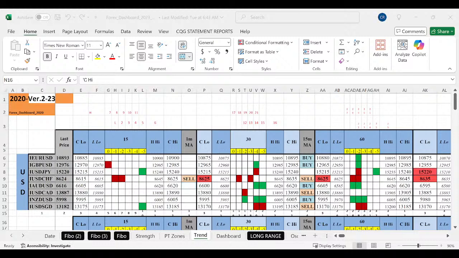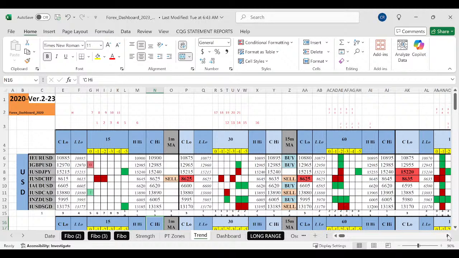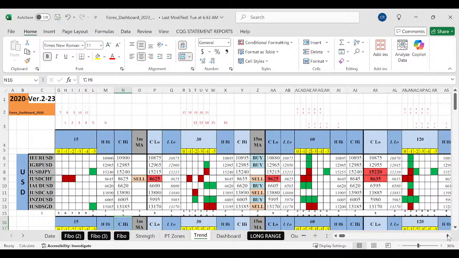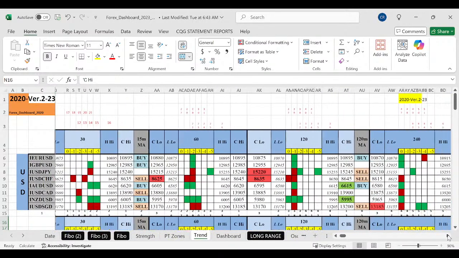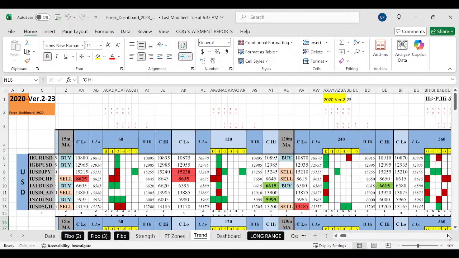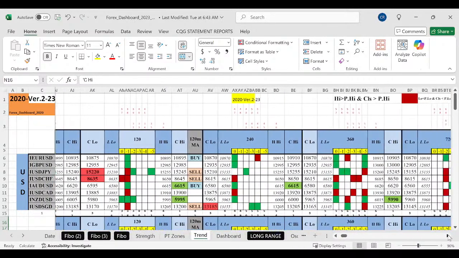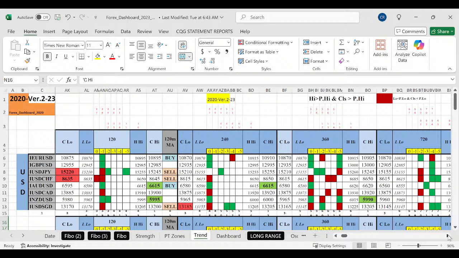So now we see here. Let me see. Dollar Swiss is showing some weakness, and the time control is 120, 240, 360, 360. So that means we can expect another half an hour of weakness.